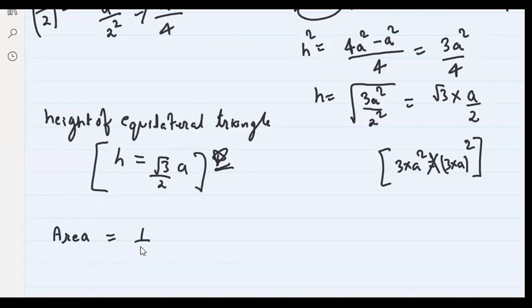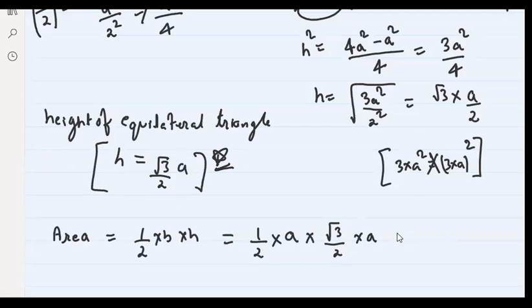Area is what? Half into base into height. This is the formula which can be used anywhere. Half into base, and the base is A, because any side. Height, what is height now? Height is root 3 by 2 into A. Got it? Yes or no?